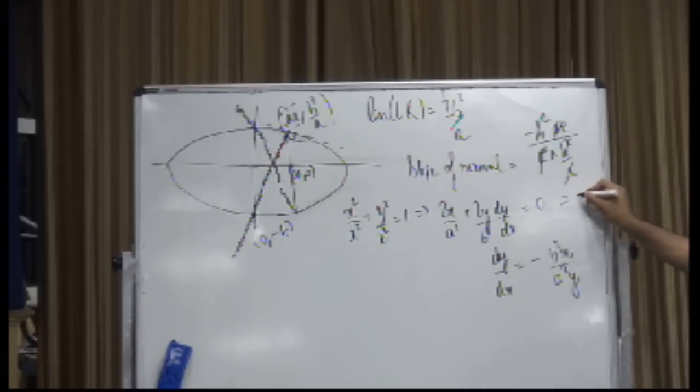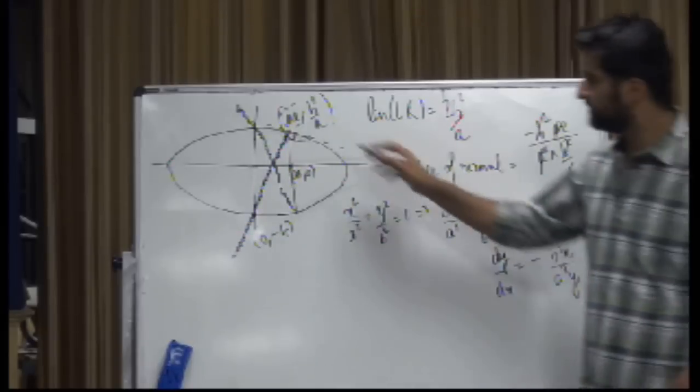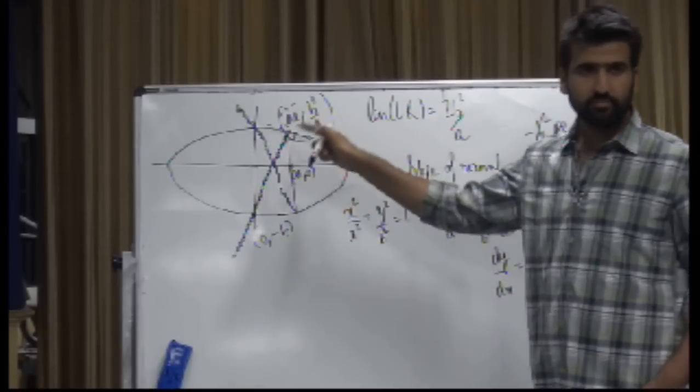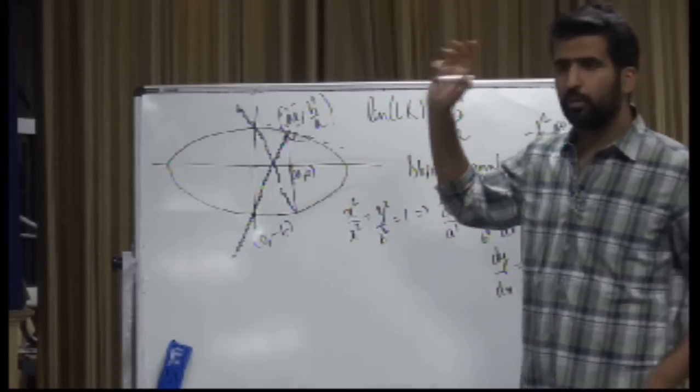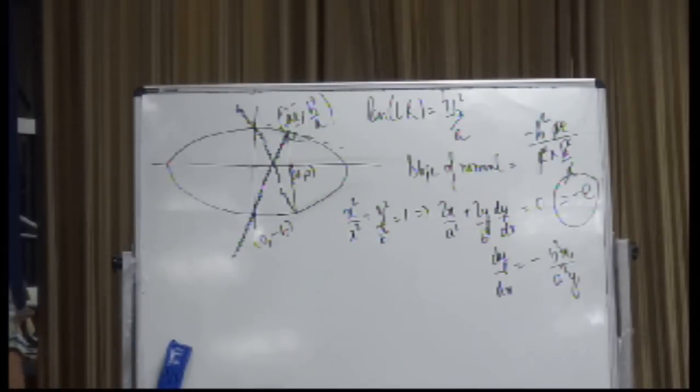What is the slope? Minus e. Okay, understood? So the slope of this normal at the end point of the latus rectum will be equal to minus the eccentricity. Got this?